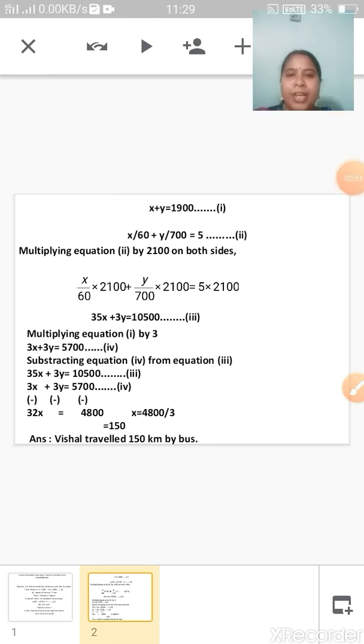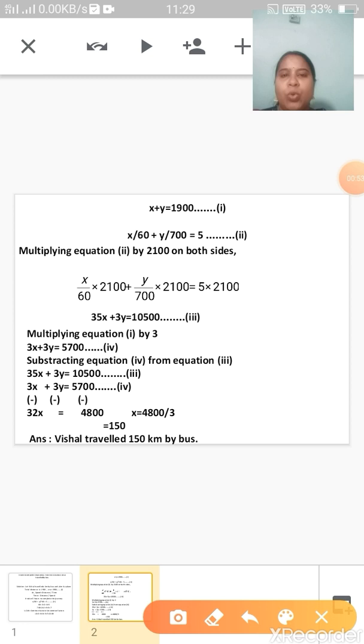Multiplying it, we get x upon 60 into 2100 plus y upon 700 into 2100 is equal to 5 into 2100. So when I cancel, 60 and 2100 can be cancelled. What we get is 35x. Then 700 and 2100, the 0s cancel. 21 upon 7 is 3.